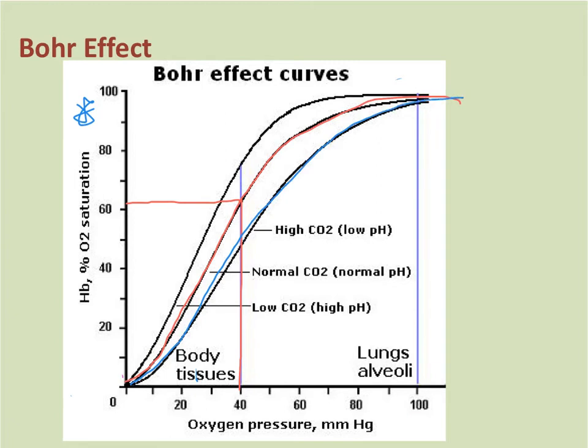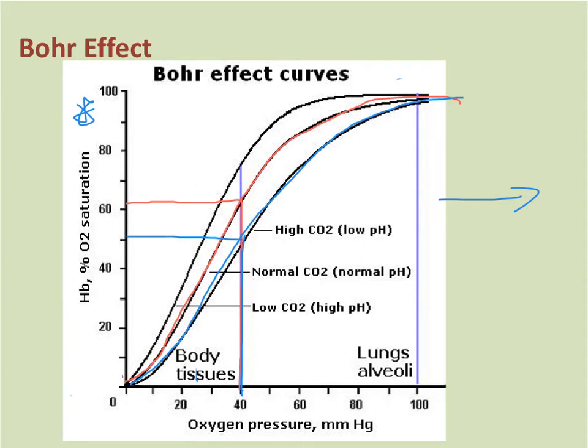All right, and I again go to the partial pressure of 40. Only about 50% of my hemoglobin is saturated. So by shifting my curve to the right, I am letting go of more oxygen, which means more oxygen can then be released and go into cells.